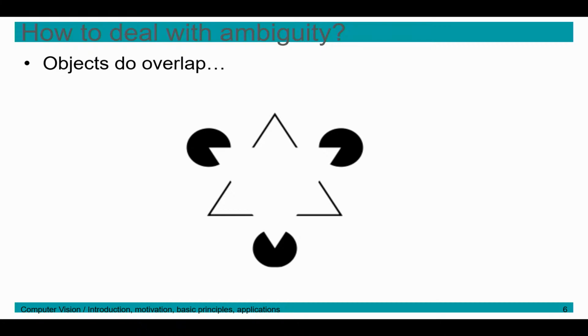We understand that objects can overlap, they can hide behind each other. So if you look at this image, how many triangles do you see there? Two triangles. How many triangles are there? Sort of none. Who knows what is a triangle and so on. Yeah, so basically you see one triangle, the black one, and the white one, even though it's not there.